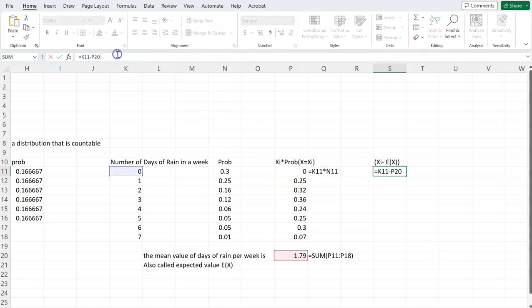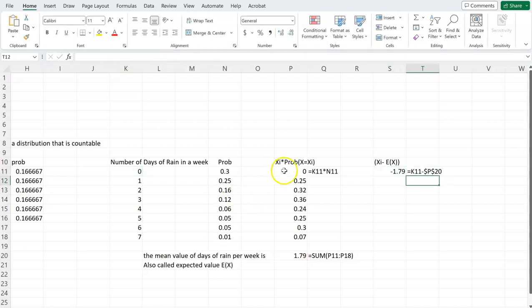I want the average value to remain constant throughout, so I'm going to put dollar signs in front of the p and in front of the 20. This tells Excel not to move this cell box as I copy the formula below. So I'm going to copy all this formula all the way down here, and then I will square it.